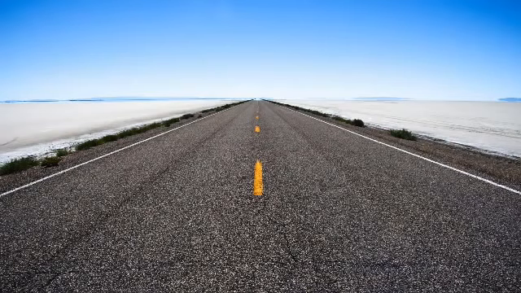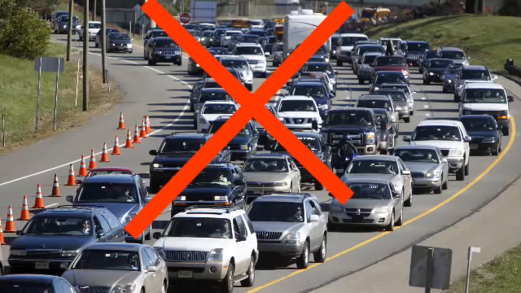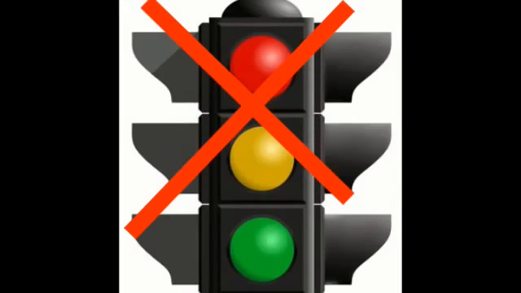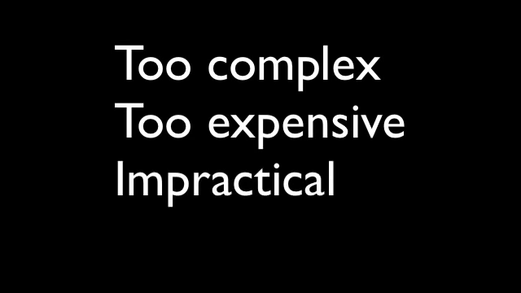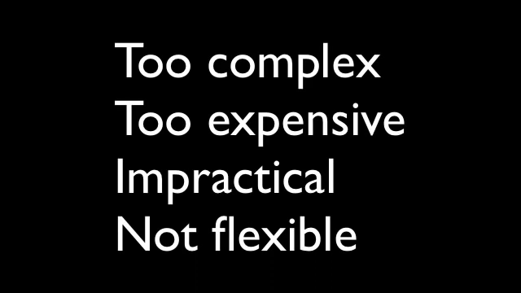Wouldn't it be wonderful, your own private road that you do not have to share with other drivers, no stop signs, no traffic lights or cars that you need to pass? As much as it sounds great for our busy lifestyles, it is obviously impractical. It is very expensive to build and maintain, and even more expensive to modify. Can you imagine the cost of relocating to a new office or working for another organization?